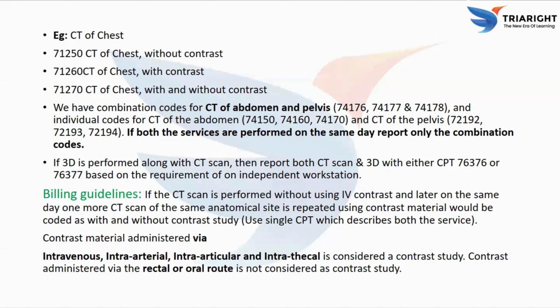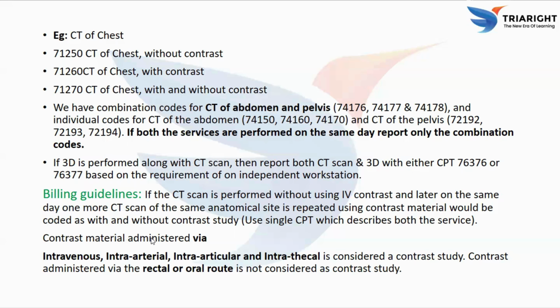If abdomen and pelvis CT are done on the same day, you have to use only the combination codes. For example, CT abdomen with contrast and CT pelvis with contrast on the same day: the correct code in this scenario is 74177. The wrong code pick is 74160 along with 72193. Combination codes exist to prevent unbundling abuse.